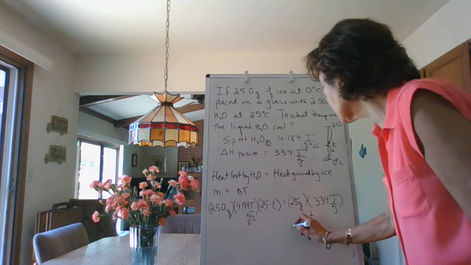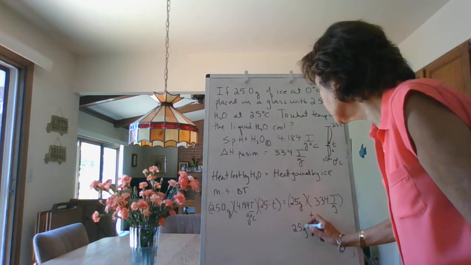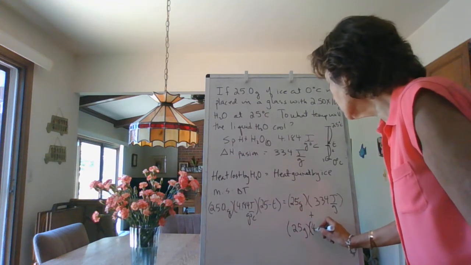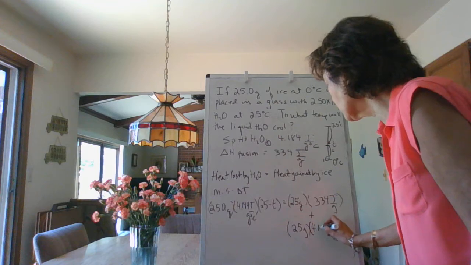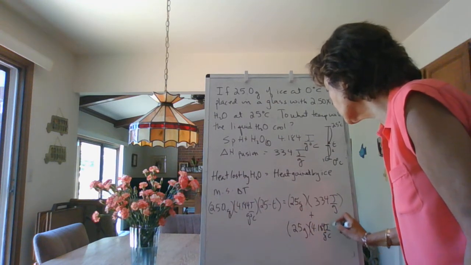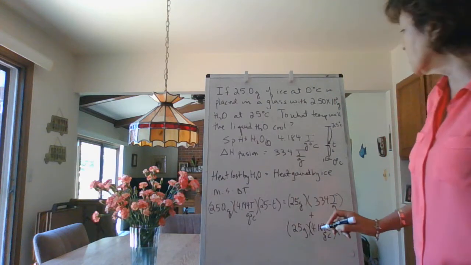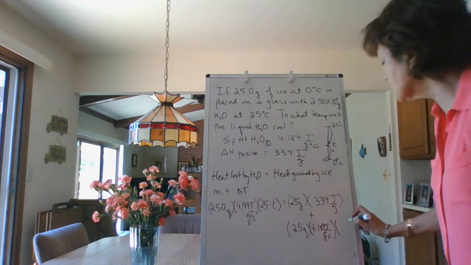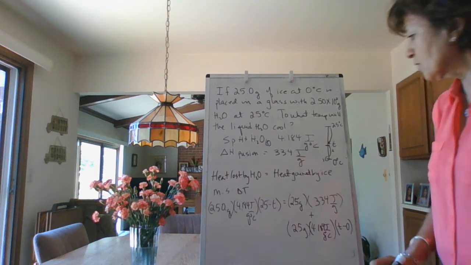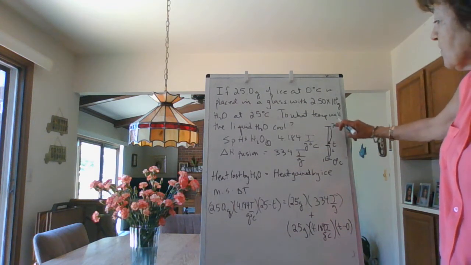So you do the 25 grams times, now it's liquid water, MS delta T, 4.184 joules per gram degrees Celsius. And then the delta T here would be T minus 0. T minus 0. Okay?